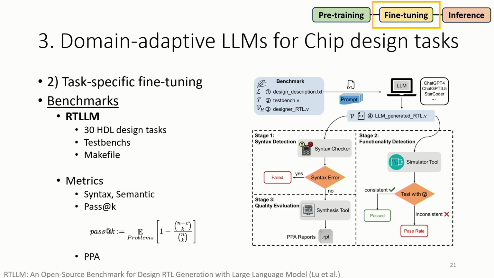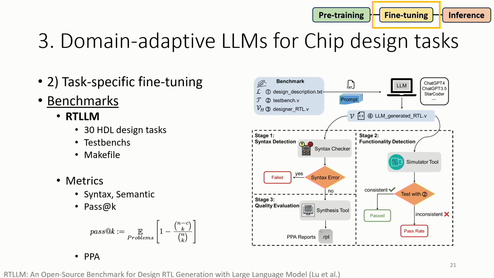Then the RTL code will be sent through three stages of testing. The first one is the syntax checking. Basically, you will compile the code and see if there are any syntax errors in the generated code. The second part is the functionality checking.